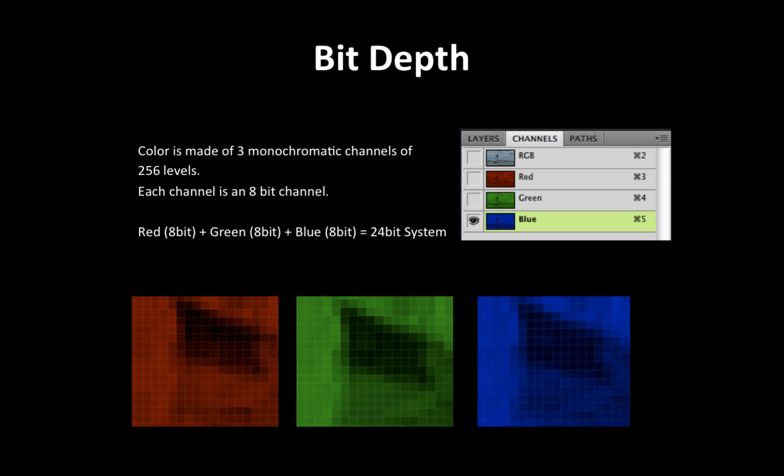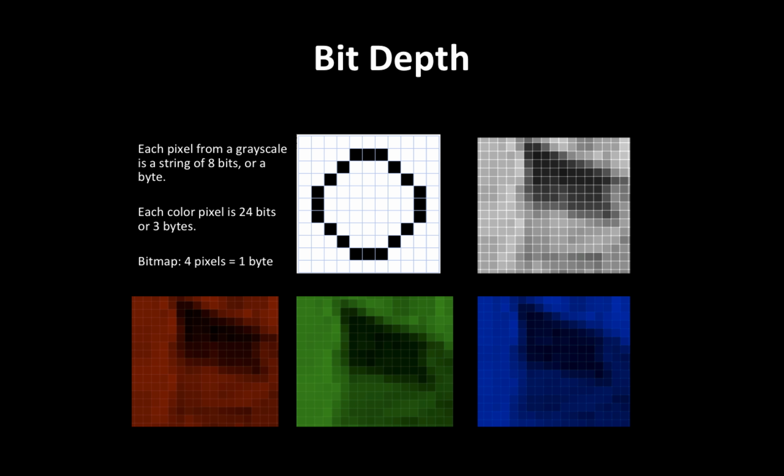And each one of those channels is called an 8-bit system. A grayscale is just an 8-bit system, and a color scale is made up of 3 8-bit systems, or therefore a 24-bit system. And those 3 channels get composited on top of each other, and voila, we get full color imagery.